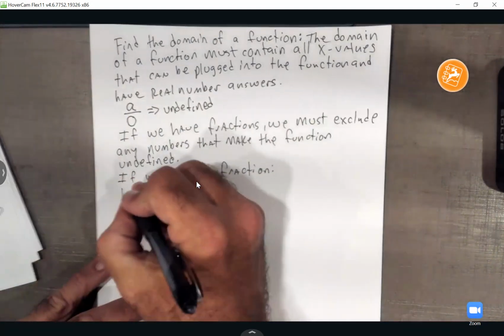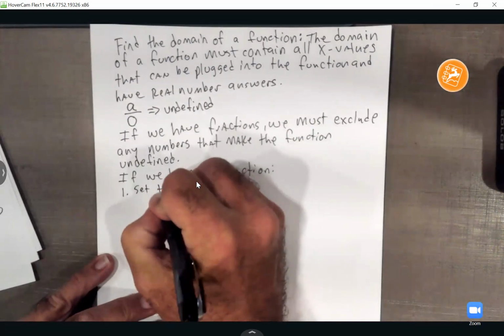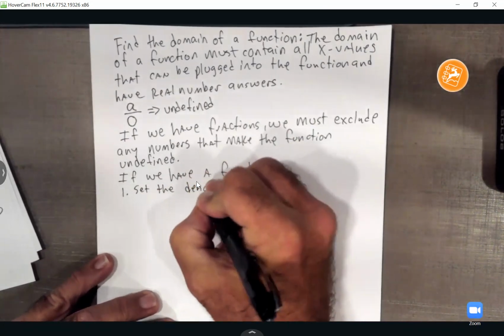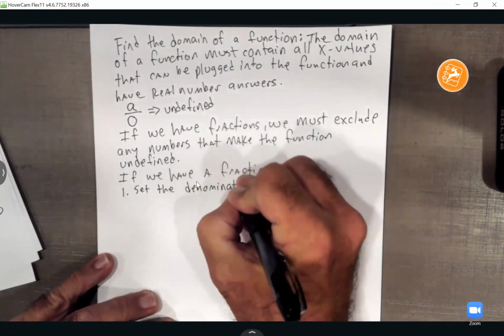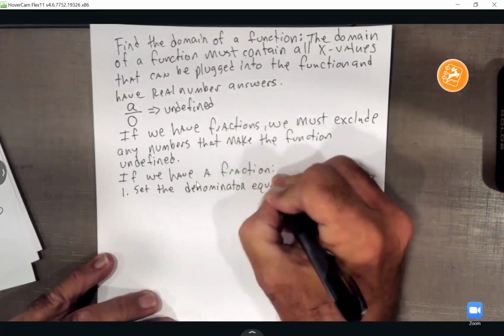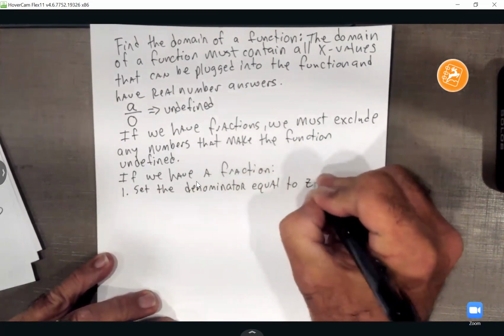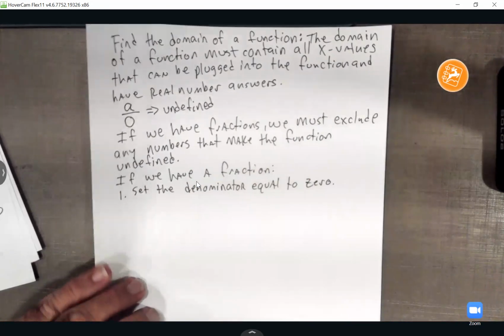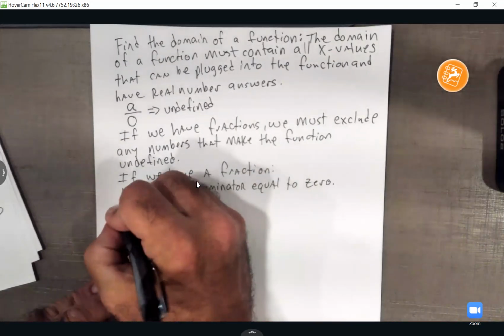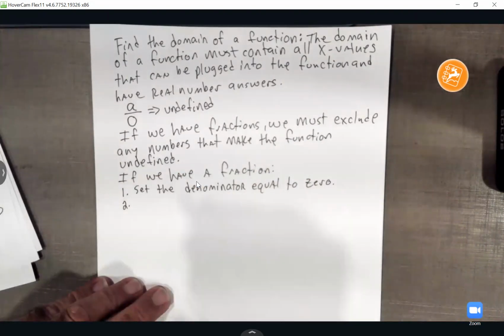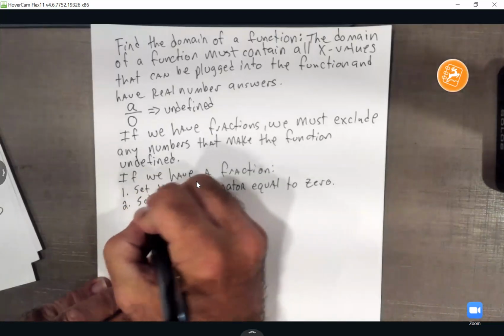So what I do on those, I set the denominator equal to 0. By setting it equal to 0, I'm then going to solve it for the variable.